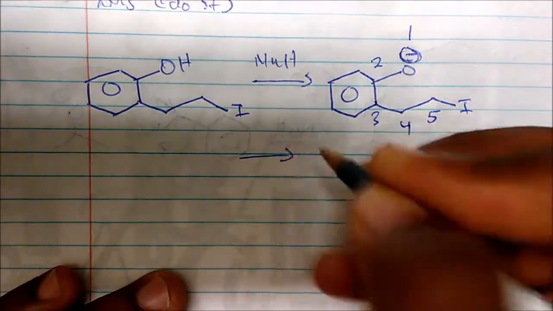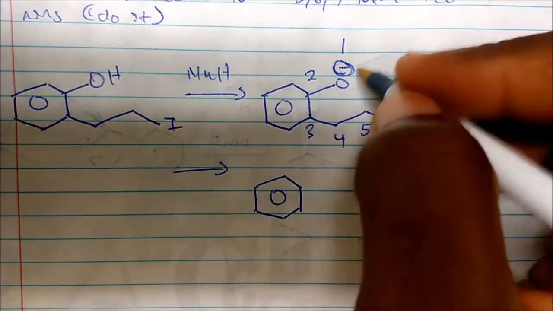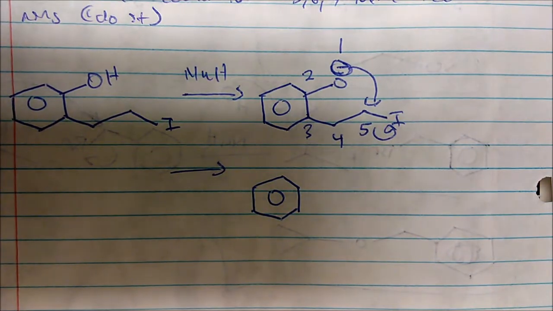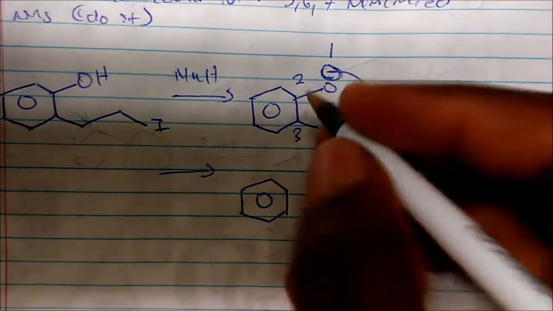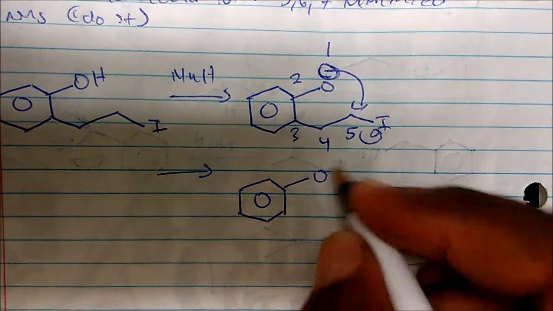So with that being said, the product for this reaction will look something like this, right? This comes in to attack and displaces my iodide. So let's draw this carefully. We have this oxygen that's bonded on the top.